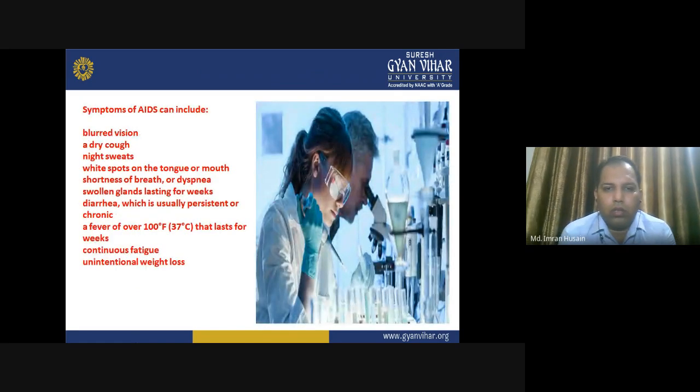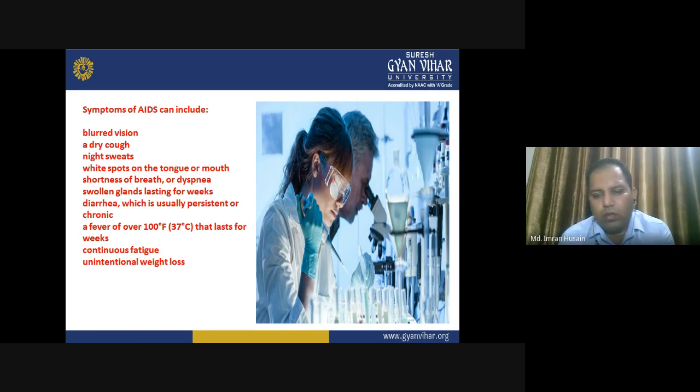So, what are the symptoms of AIDS? They can include many things, like blurred vision, a dry cough, night sweats, white spots on the tongue or mouth, shortness of breath or dyspnea, swollen glands lasting for weeks, diarrhea which is usually persistent or chronic, a fever over 37 degrees centigrade that lasts for weeks, continuous fatigue, unintentional weight loss.